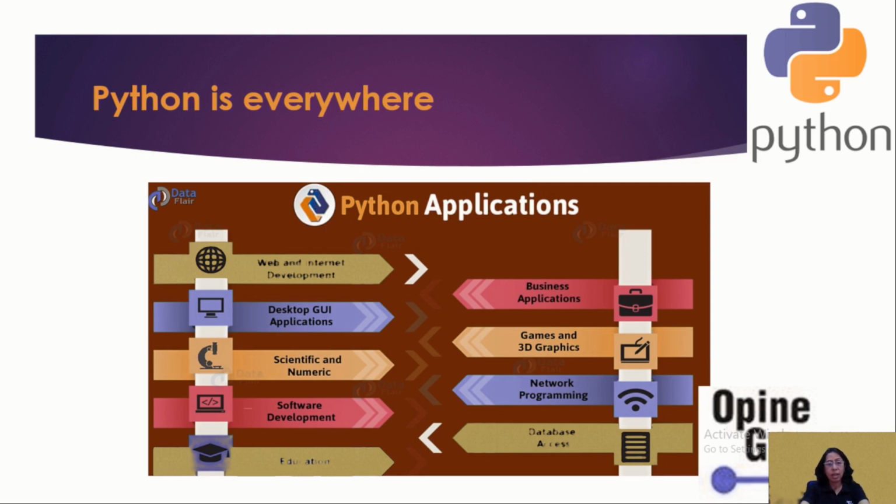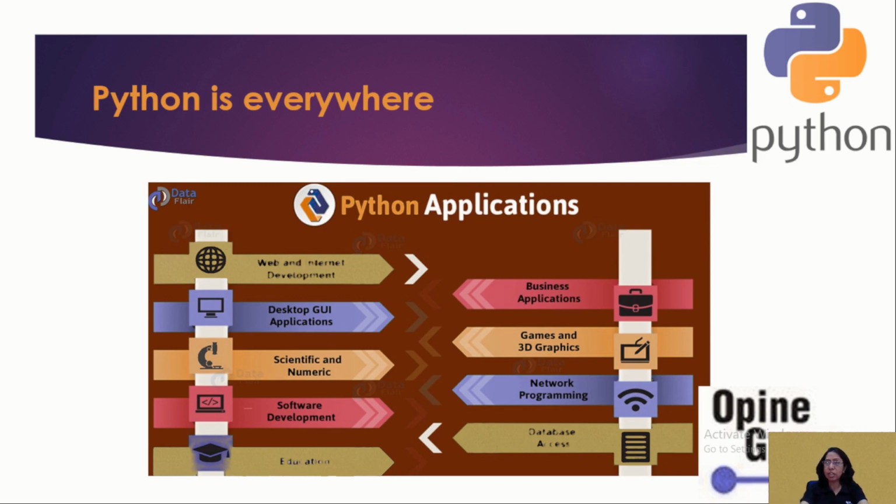Some GUI applications, the Tkinter library is very user-friendly and helps us with GUI applications. Scientific applications, very simple with Python. Software development, yes, because the number of lines is less and it's a very simple code. Education, very important. You find today Python is also introduced at the school level because of its simple syntax.